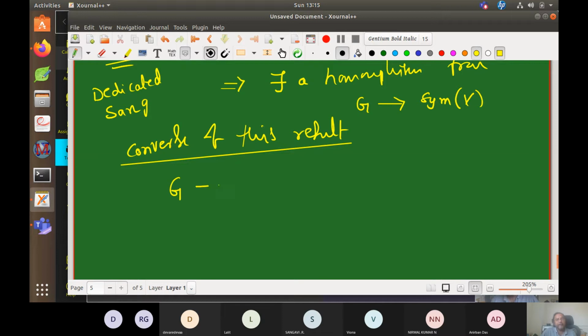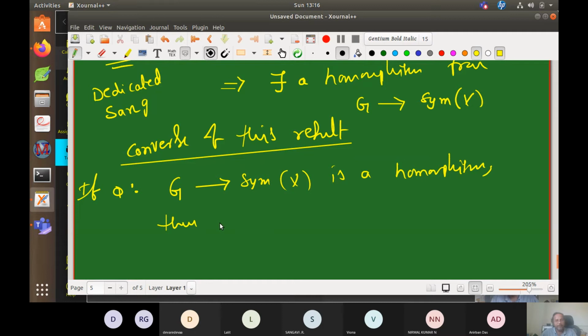I have a homomorphism phi from G to the symmetric group of X. Then my question is: does there exist a group action?